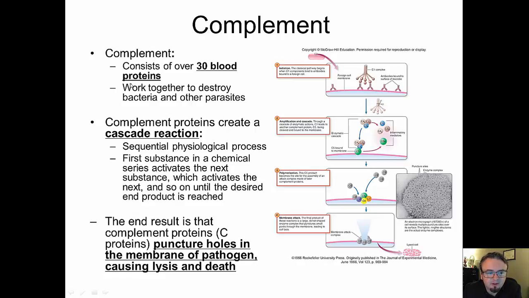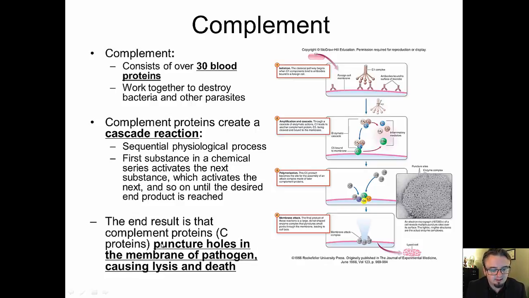So it's a protein in the blood, a series of them, that bind to antibodies. And when they bind, they ultimately will lead to an arrangement that perforates a hole in the cell. So it's almost like this little pattern that aligns itself on the surface of the membrane, and then there's a process that literally punctures a hole after these proteins line up in just the right way.